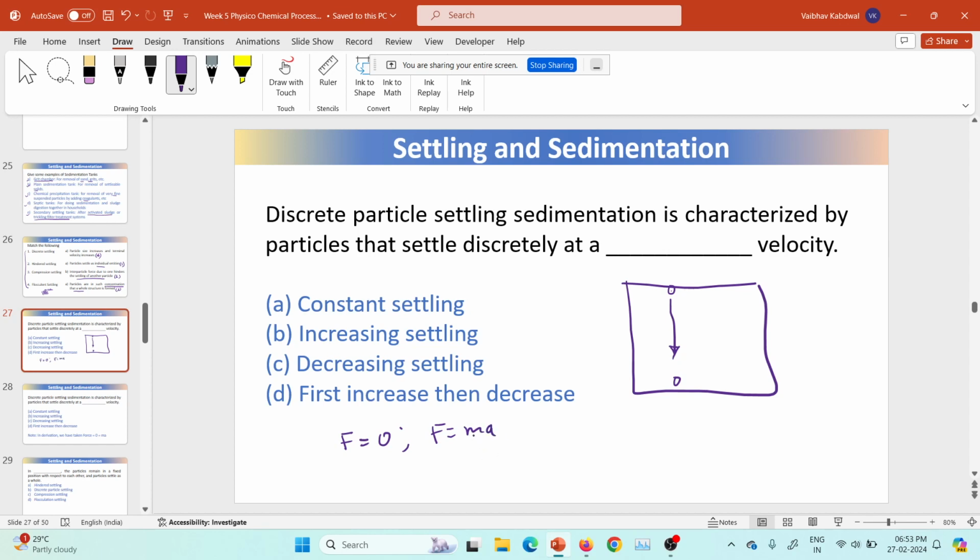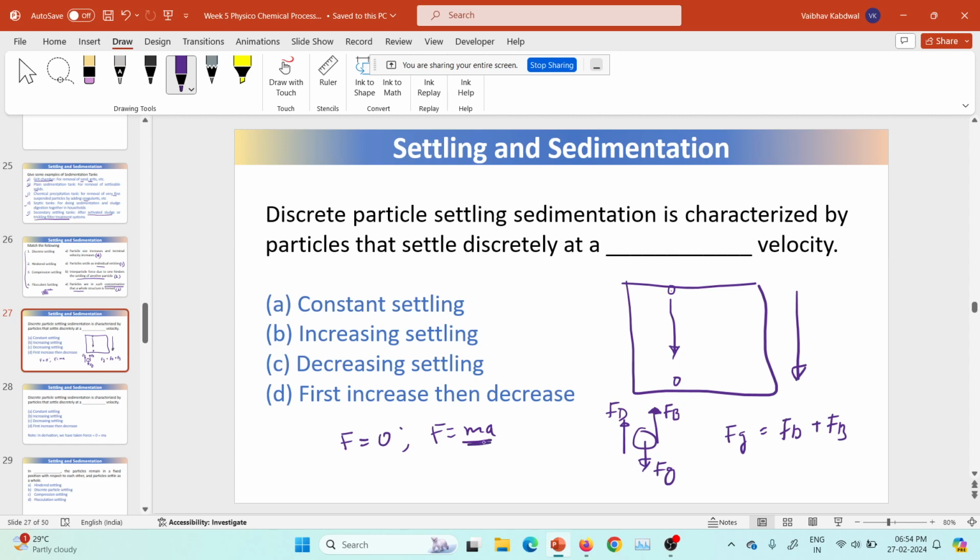So total force acting on the particle is zero. This is gravity force, drag force, and this is buoyant force. Total force acting on the particle is zero, so Fg is equal to Fd plus Fb. If we solve it, we get the equation of settling velocity. That velocity is constant throughout the tank, and it is called terminal settling velocity.